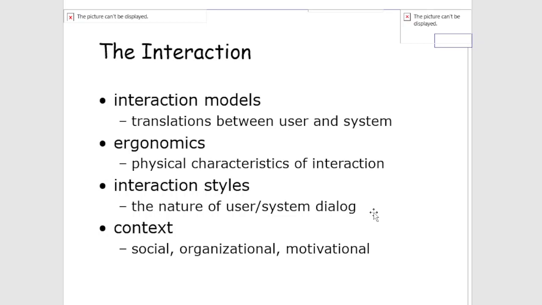Ergonomics looks at the physical characteristics of interaction and how these influence its effectiveness. Interaction styles: the dialogue between user and system is influenced by the style of the interface. So we are going to learn the nature of user and system dialogue. And the last one is the context where the interaction happens. The interaction takes place within a social and organizational context that affects both user and the system.